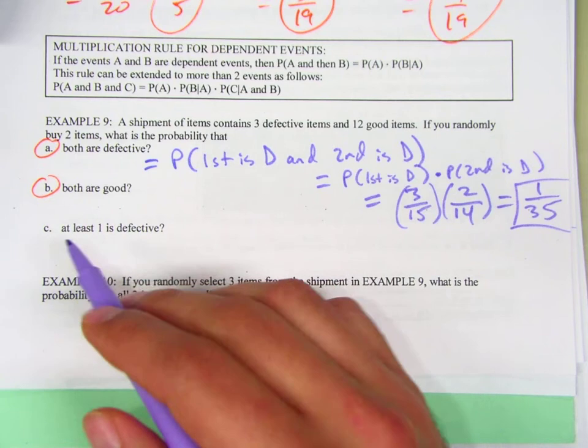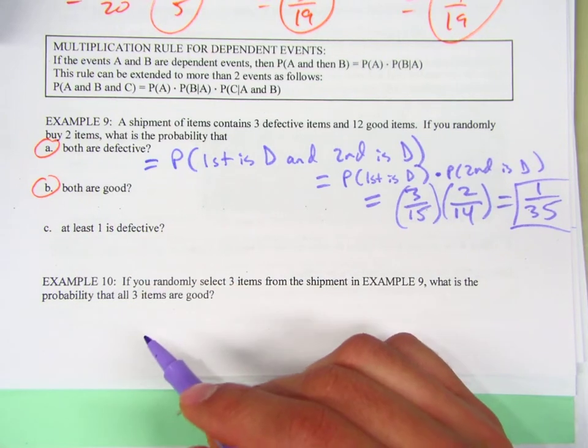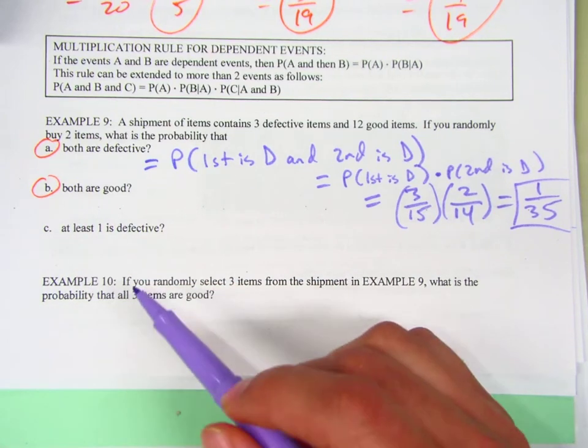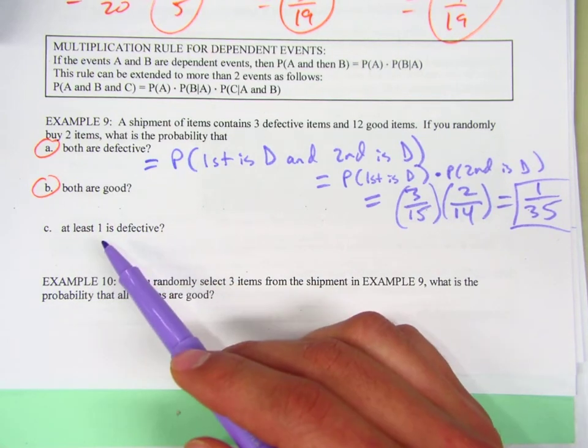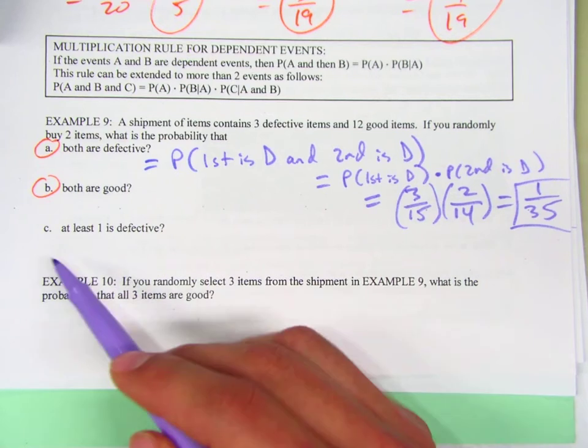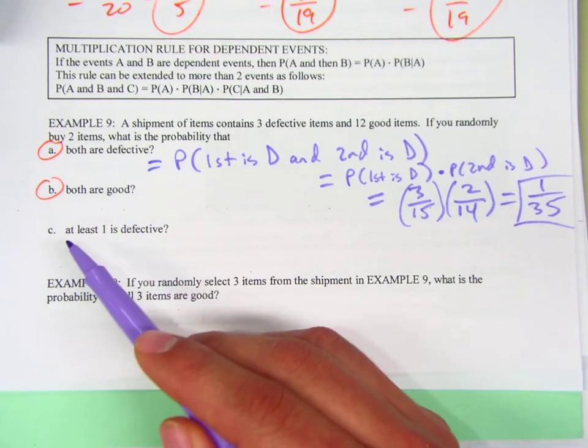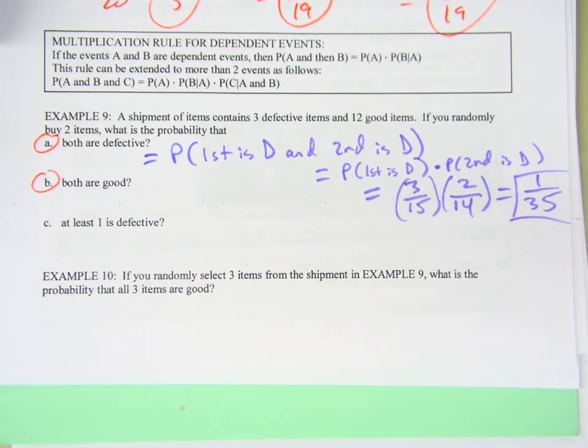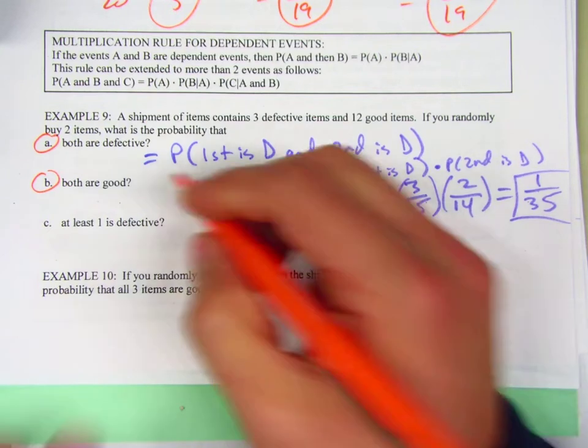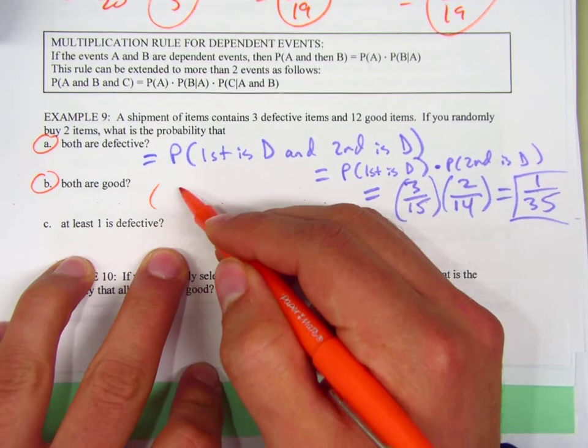All right, so for part C, I wanted to do this one together with you guys because this is actually going to remind me to talk about the birthday problem again after I'm done recording. But so, oh, we didn't do B. Is that what you said? Okay. Both are good. You guys tell me now. Can we just multiply the 2? What should it be?